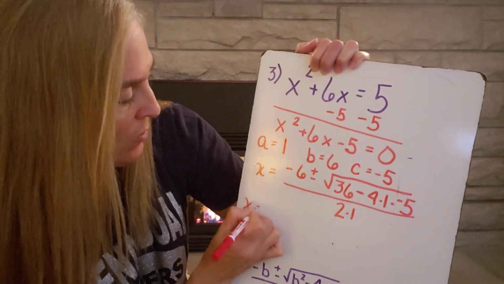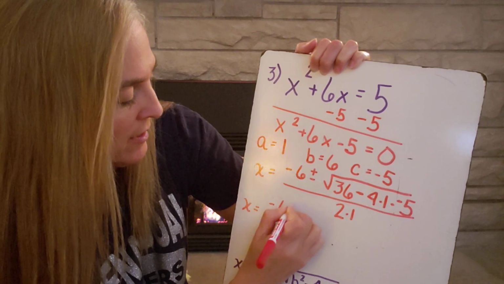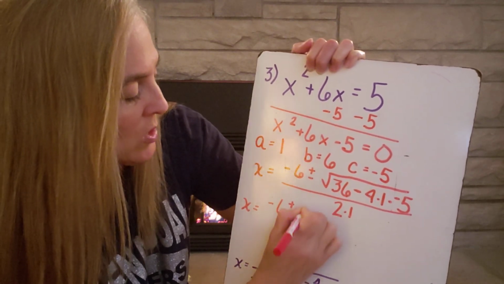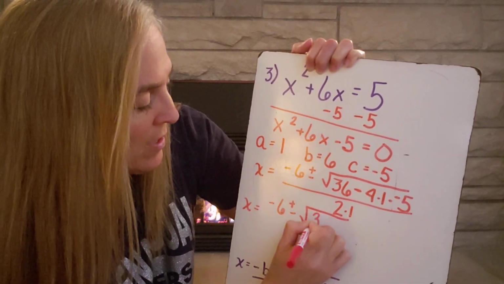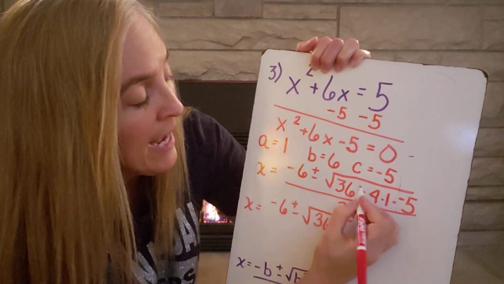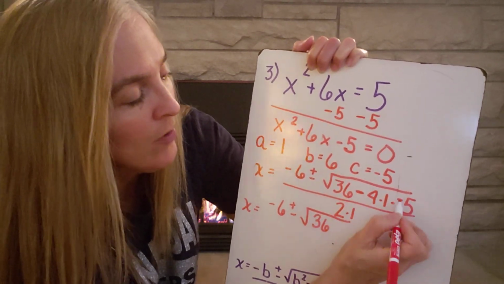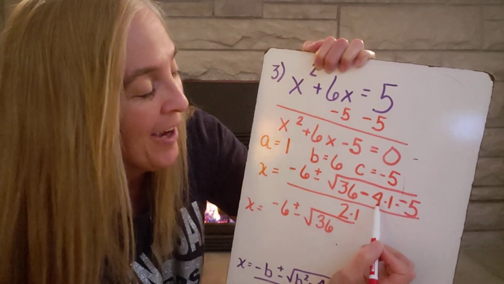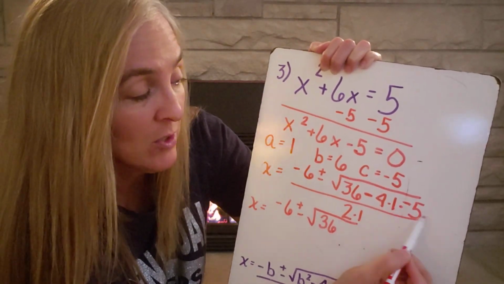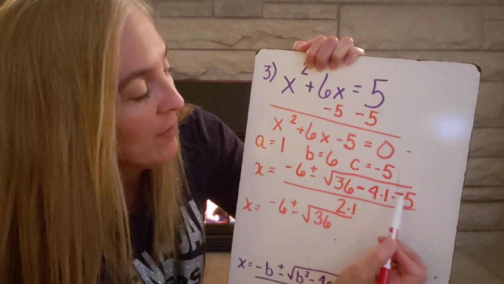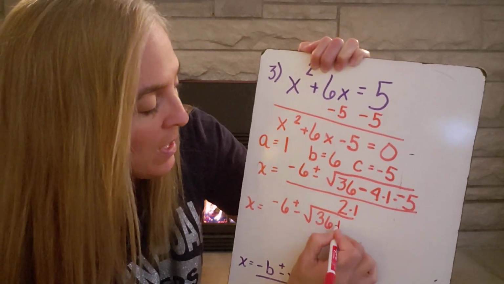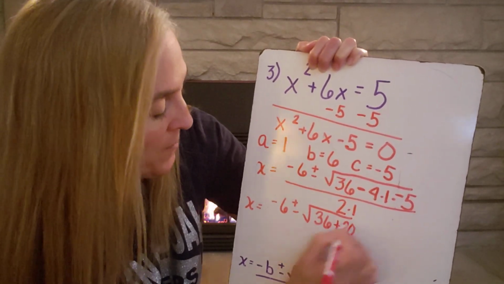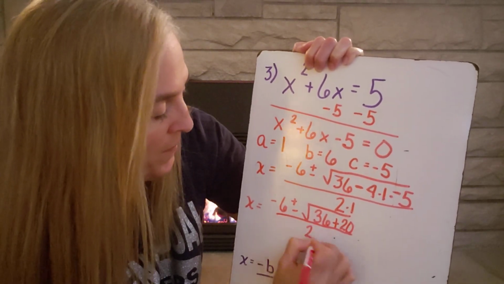So x is equal to negative 6 plus or minus the square root of 36. Like I say, I see this minus and this negative. 4 times 1 times 5 is 20, but a negative and another negative is going to give me a plus 20 under there. And divide that by 2.